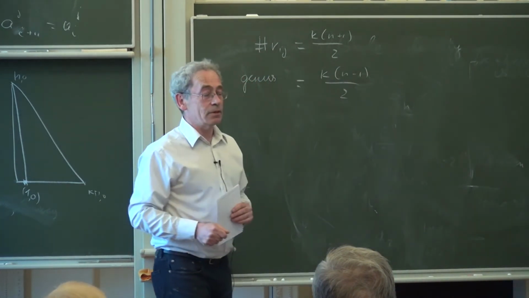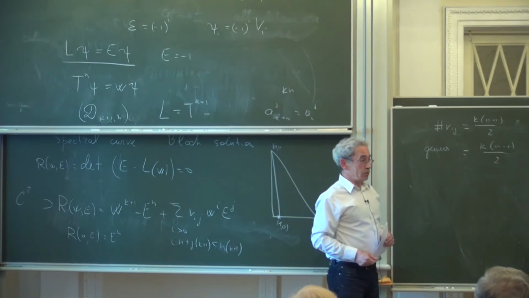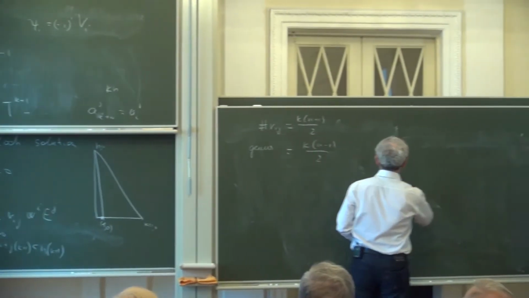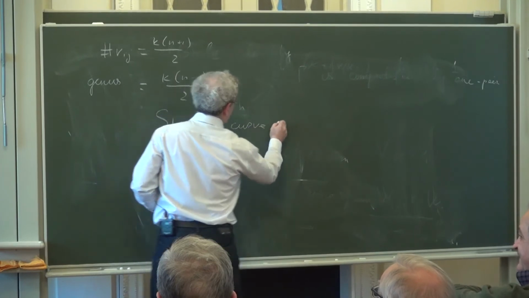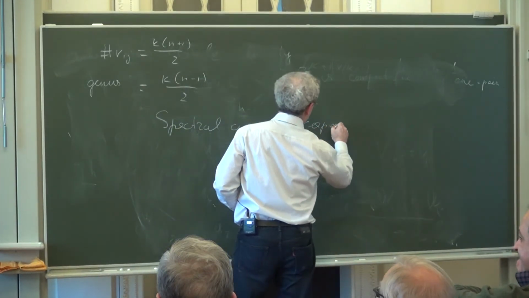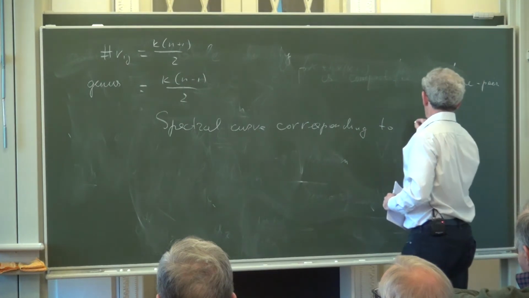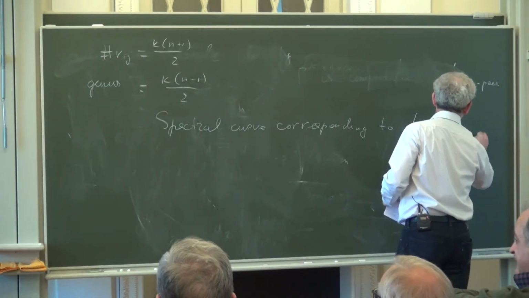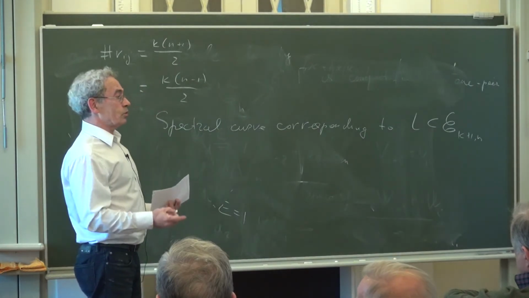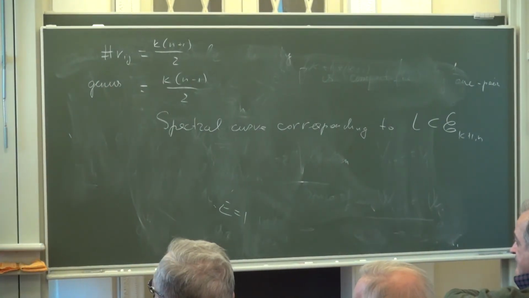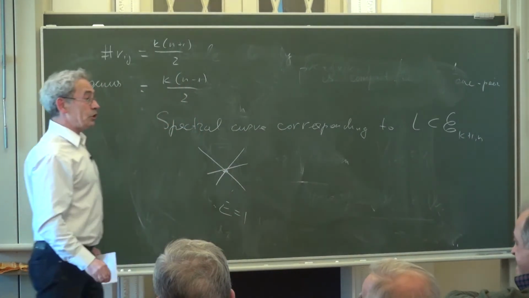The spectral curve corresponding to these superperiodic operators is never smooth by definition, because the spectral curve corresponding to L in this special class of difference equations is always singular over E equals 0 equals 1. All solutions have to be with the same multiplicator. So the structure of this curve should look like an intersection at one point of all sheets.